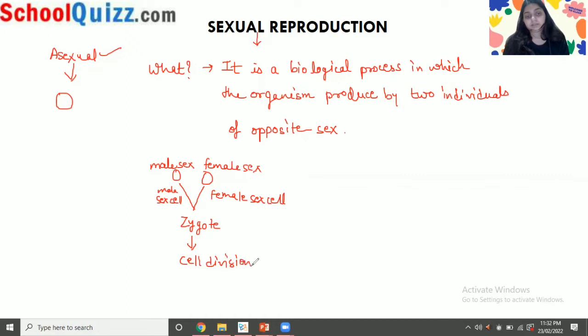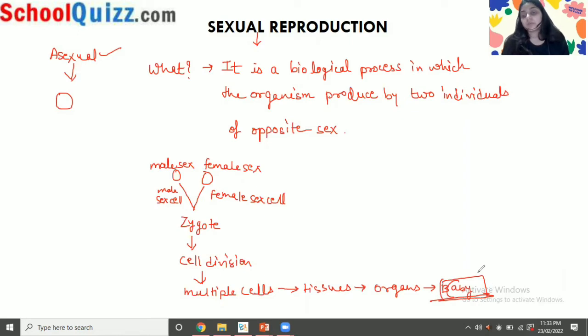When the cell divides it forms multiple cells, and these multiple cells form the tissues, then the organs, and then a whole baby evolves in the embryo of the female. So this is how sexual reproduction works.